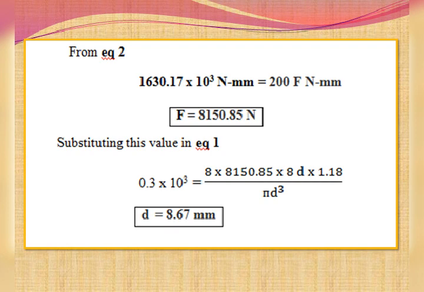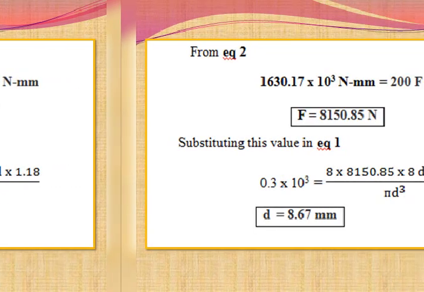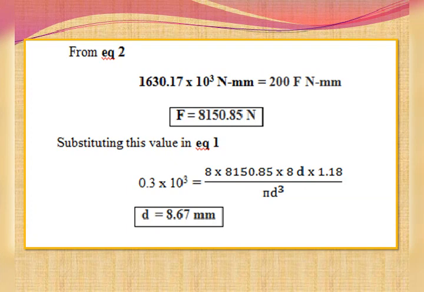Now, by substituting the value of F, C as well as K in equation number 1, the shear stress given is 0.3 gigapascal, which we convert into megapascal or Newton per mm square, that is 0.3 into 10 to 3 or 300 Newton per mm square, equal to 8 into force on the spring, that is 8150.85, into 8d into 1.18 divided by pi d cube.